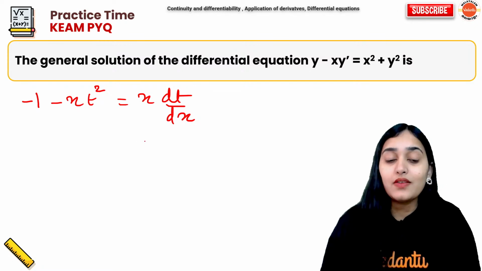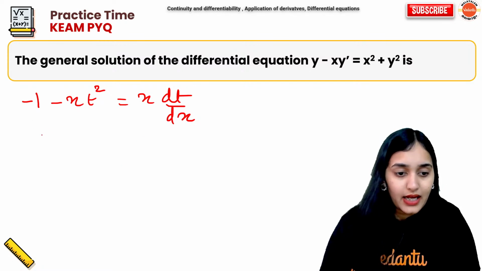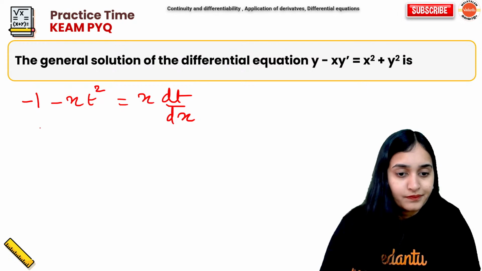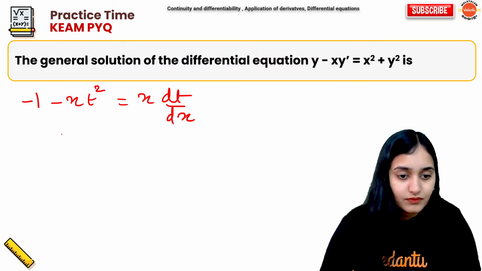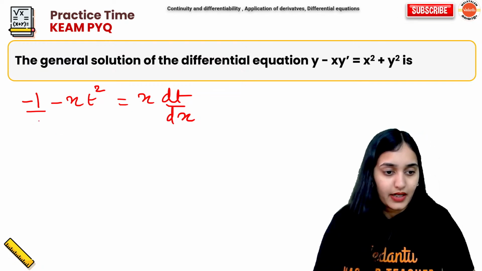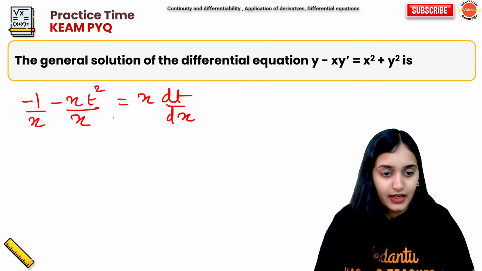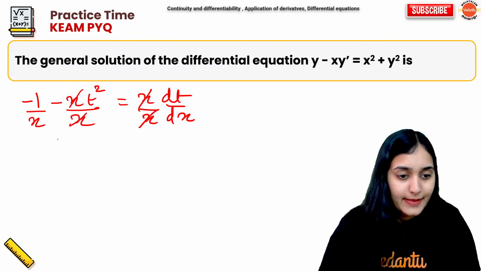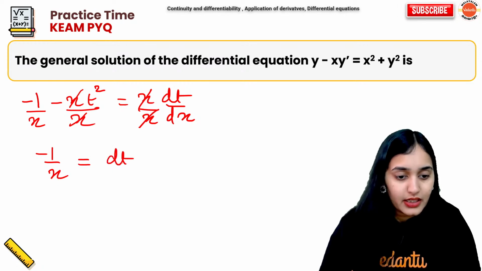Now you check, can you separate the variables? We can just divide it by x, so we will become like this, minus 1 by x is equal to dt by dx plus t square.